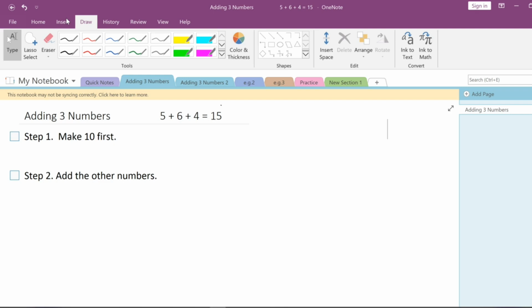If you look at the left side of the screen, you will see the different steps on how we should add these three numbers. Okay, step 1, make 10 first. How do we make 10? You can look at these numbers. You have 5, 6, and 4. Which of these numbers, when added together, would make 10?